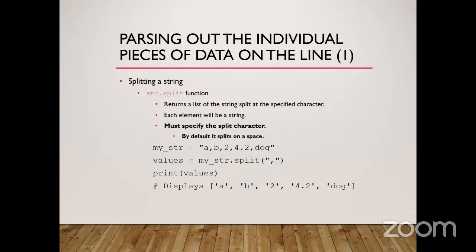So if you have a string with AB, 24.2 and dog in it, and they're all comma separated fields, I could use values and the split function, and it would create a list with each of those elements as a different thing. Otherwise, it's a string. So it's read in as a string, but we can do more with the data if we make it a list. So you have to convert your data before you can do anything with it.